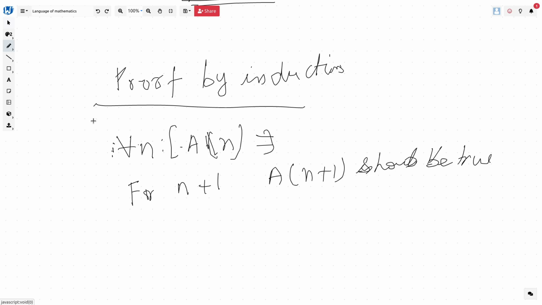It also says that a_1 should be true, should also hold. Now what does this hold mean?